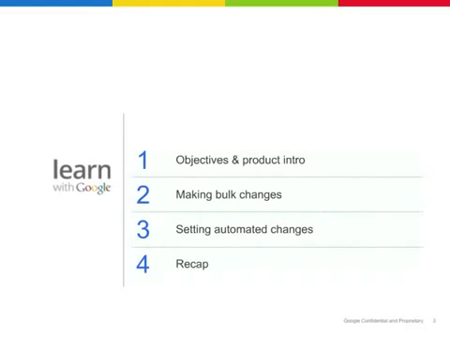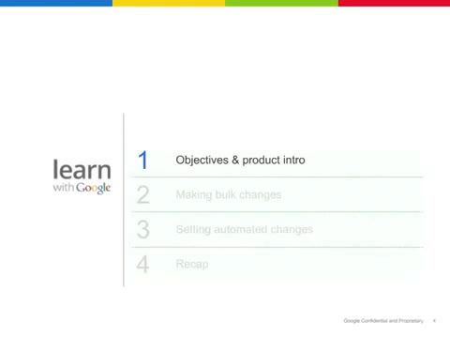Next, we'll walk through specific ways that you can efficiently scale an account and automatically launch and manage campaigns using Advertiser Bob as an example client. Finally, we have time at the end to answer any specific questions that you may have on the tools or on the tactics that we've covered.